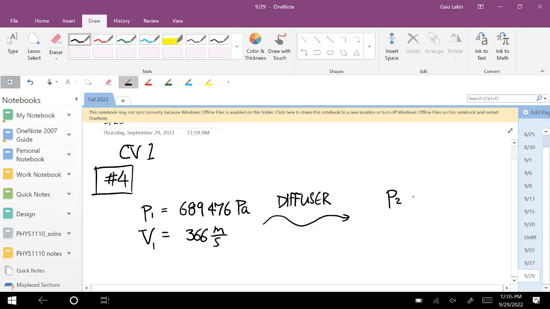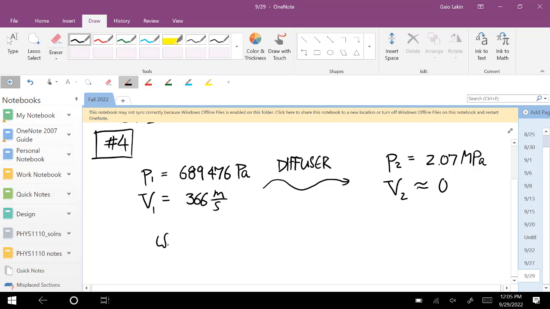So the pressure P2 is 2.07 megapascals. And we're going to assume that the speed is 0. And this is that refrigerant we have the table for, and we want to figure out the temperature at the end.